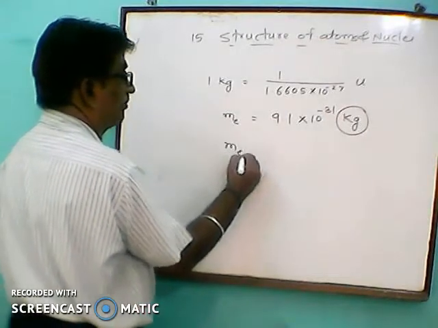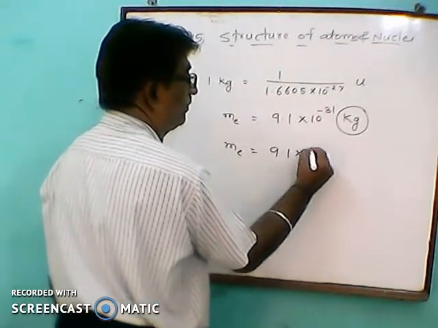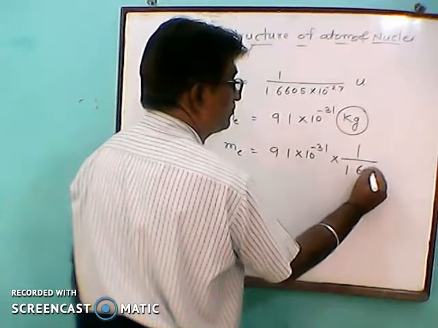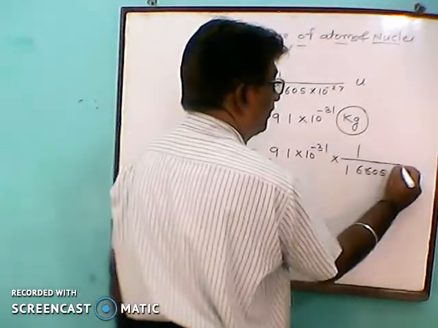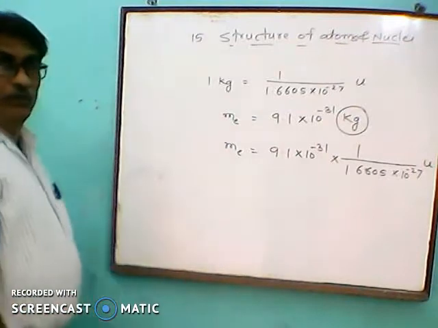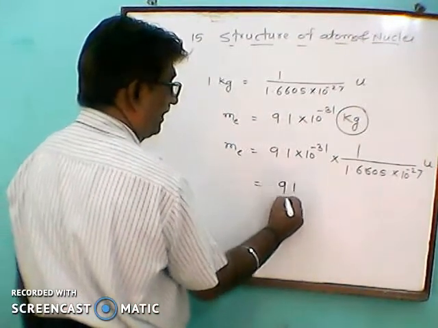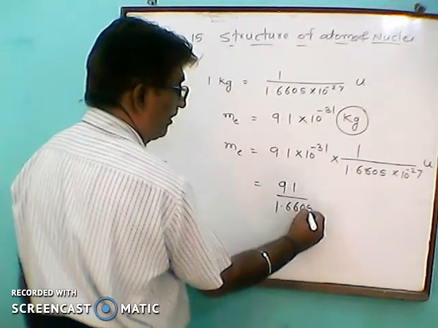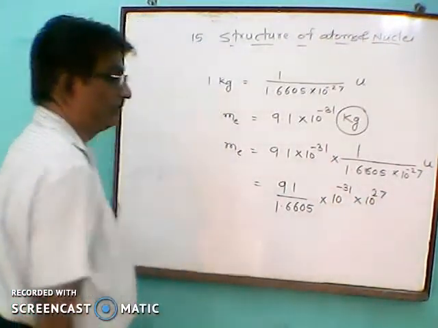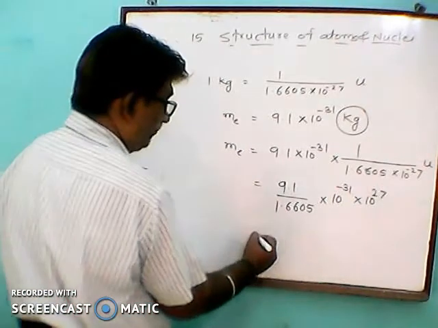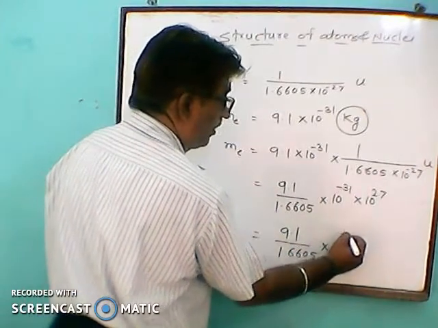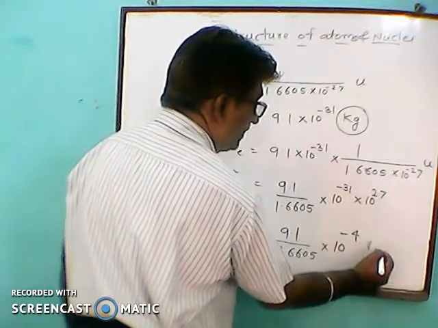So mass of electron is equal to 9.1 into 10 to the power minus 31 into 1 upon 1.6605 into 10 to the power minus 27 U. By rearranging, it is 9.1 upon 1.6605 into 10 to the power minus 31 into 10 to the power 27, which is 9.1 upon 1.6605 into 10 to the power minus 4 atomic mass unit.